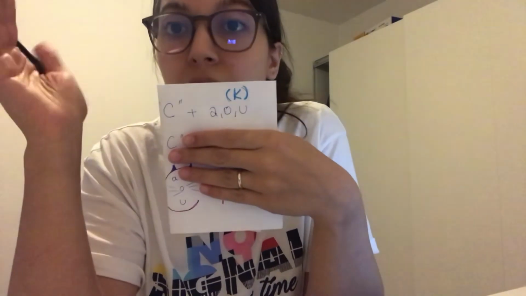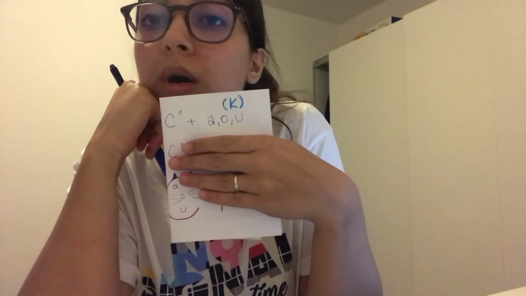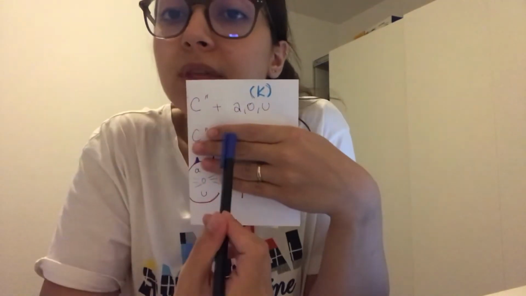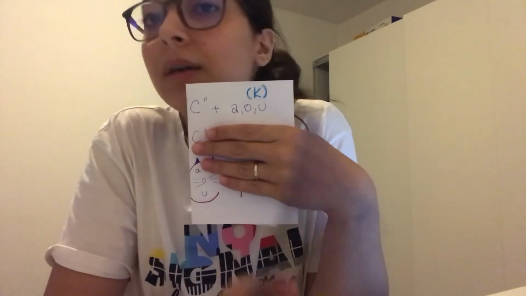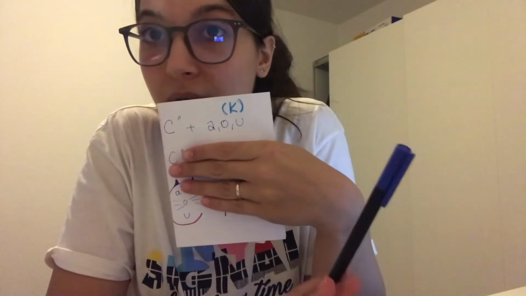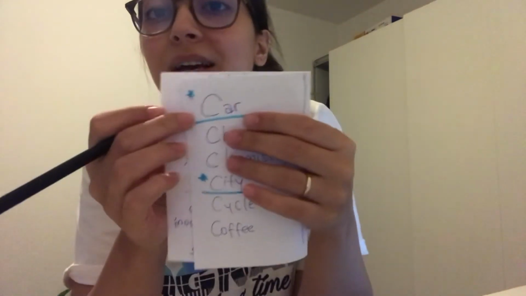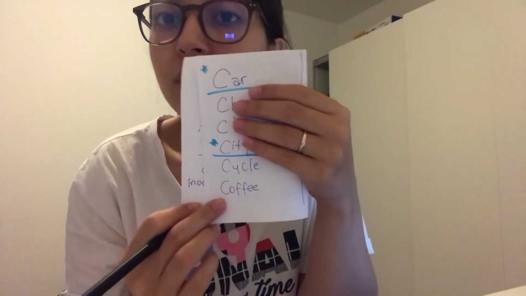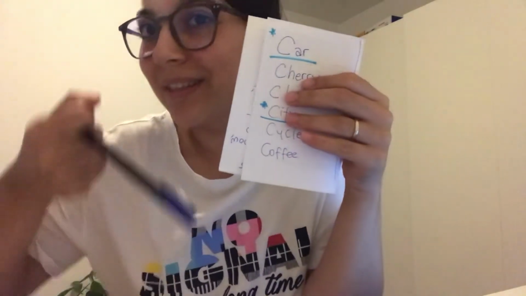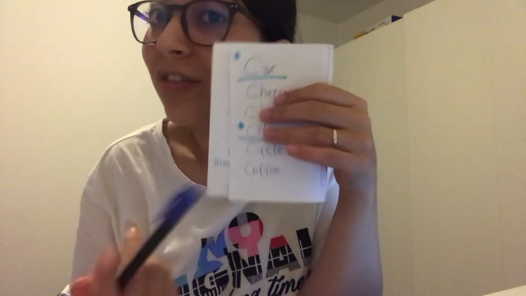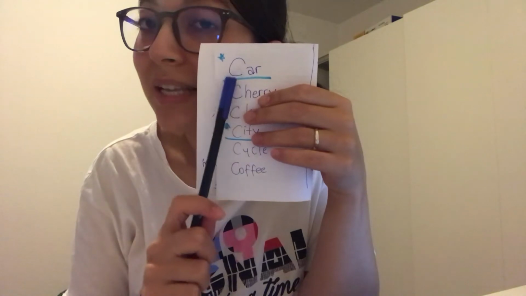The rule is here. When we have the letters A, O, and U, if one of them comes directly after the letter C, no matter what, we always pronounce it as K. So in this case, car. And at the bottom we have coffee, which I love. You guys know in every class I drink coffee. So the letter K, we don't pronounce this as C anymore.